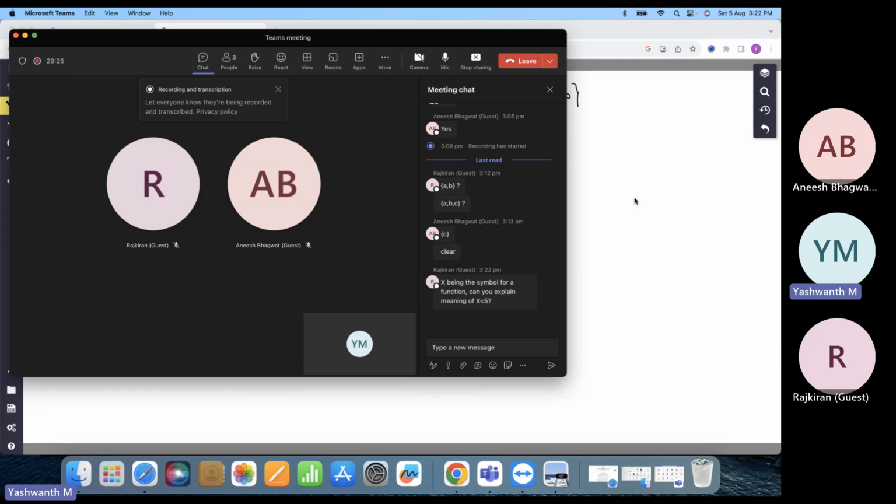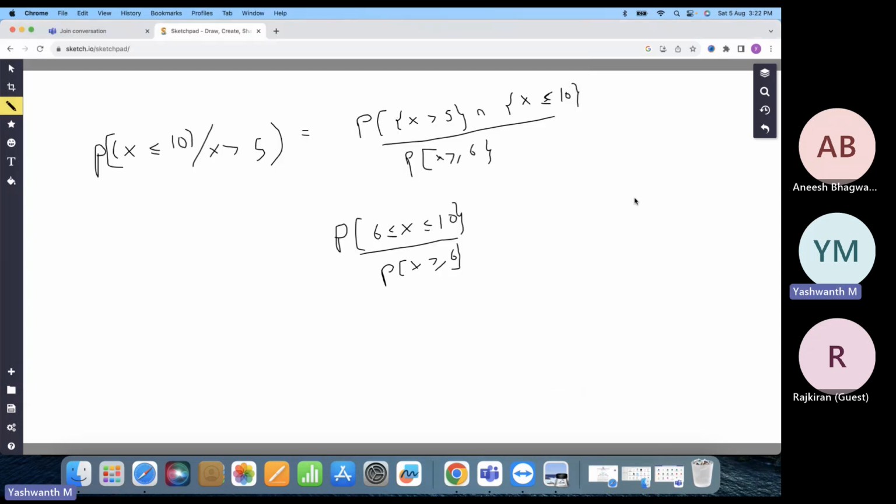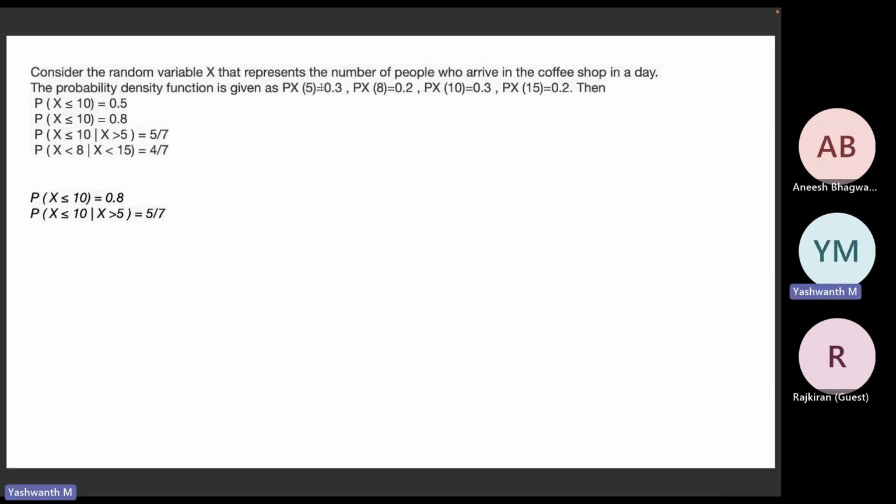X being a symbol for a function, can you explain the meaning of X less than 5? So basically, X here is a notation for a random variable taking the values 5, 8, 10, basically discrete values, so just a discrete random variable.